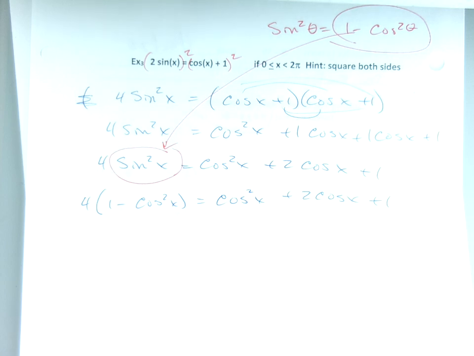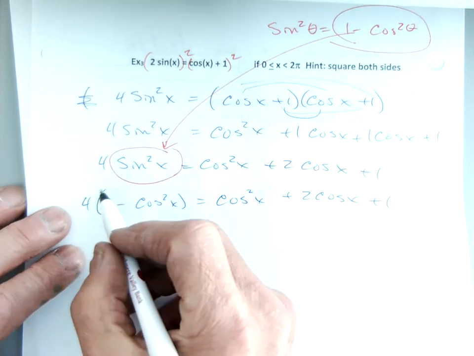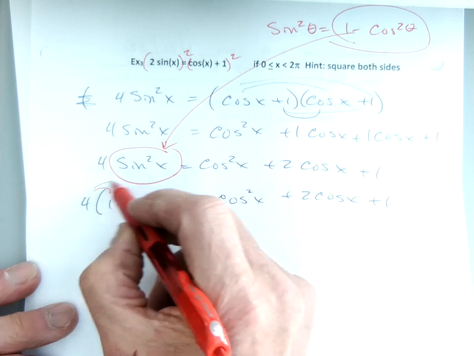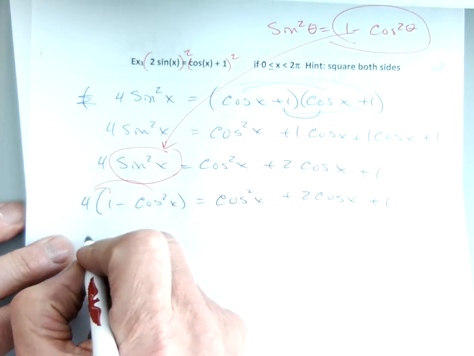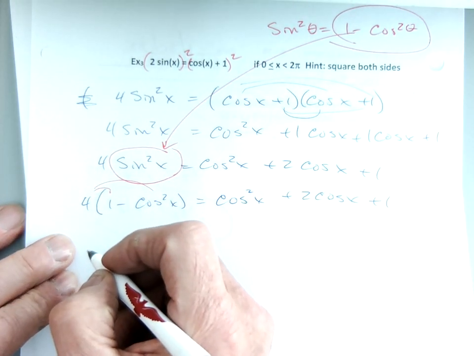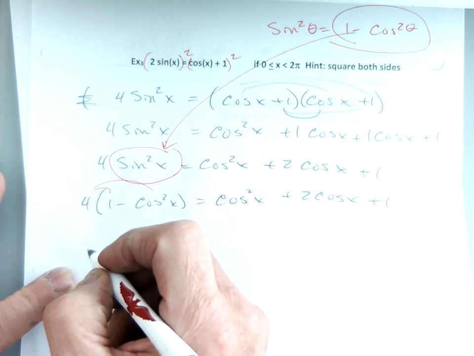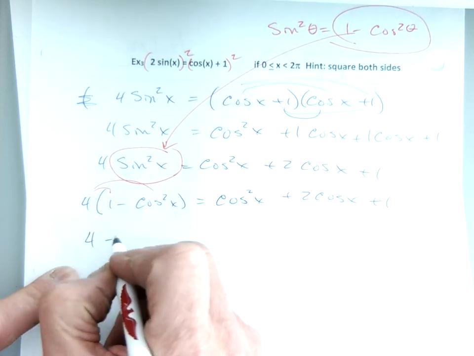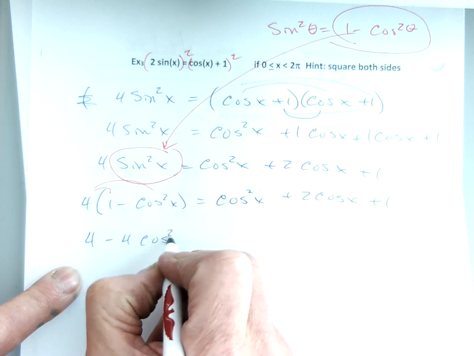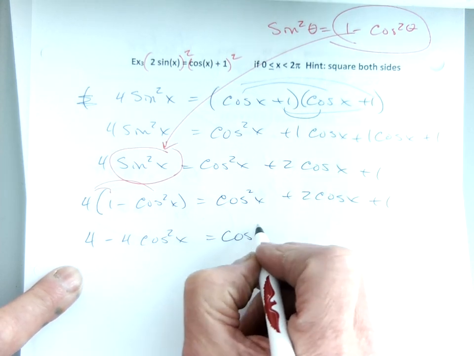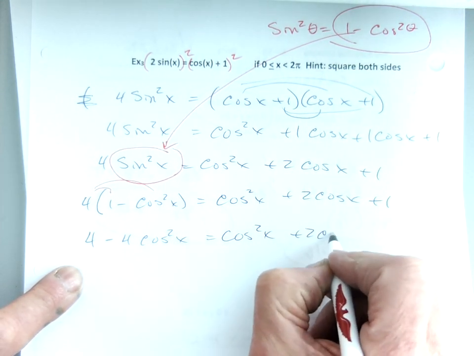All right, let me simplify. So if I distribute, oh, we're doing good stuff now. Imagine if I showed you this at the beginning of the year, you guys would say, I'm not taking this class. But you can do it. Look at this. You guys can do this, right? Well, with my help, you can, right?